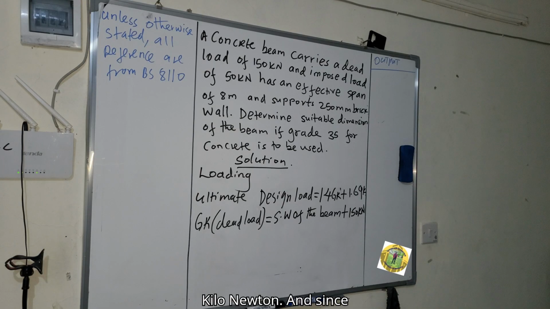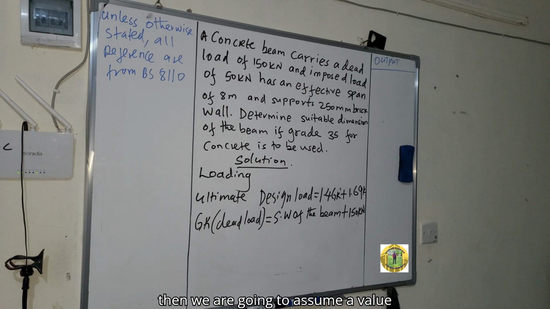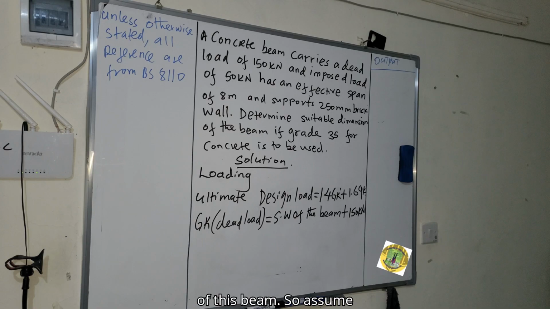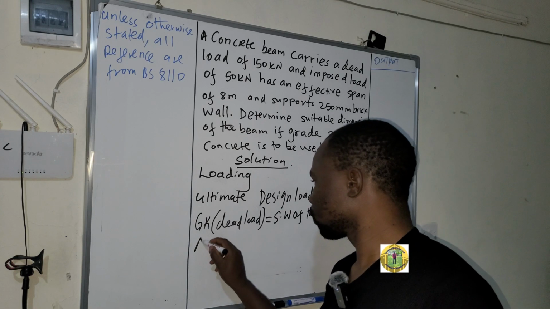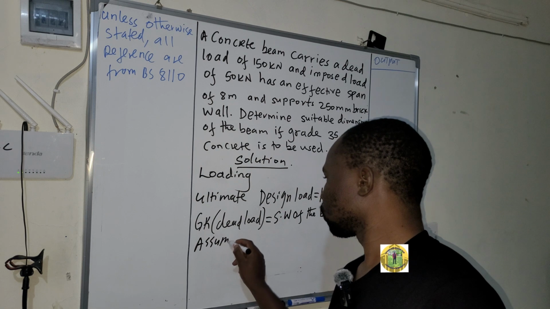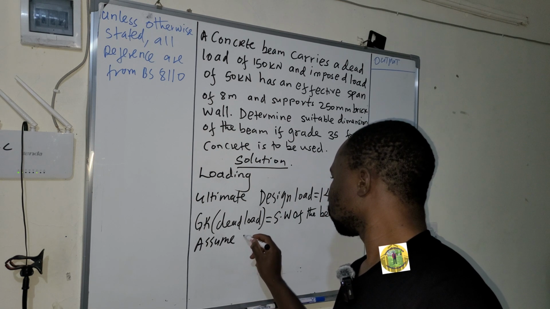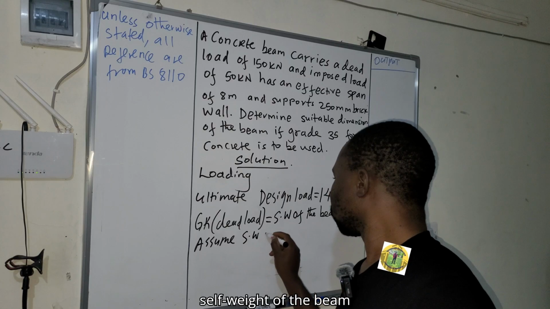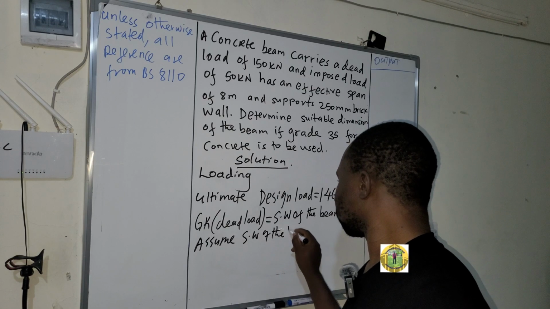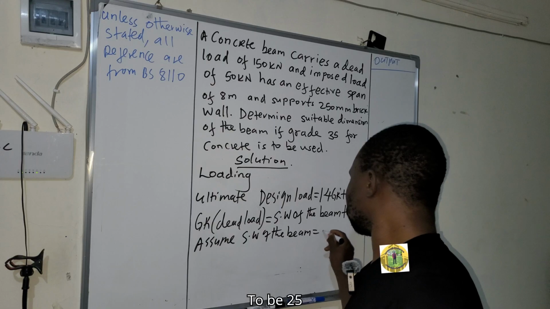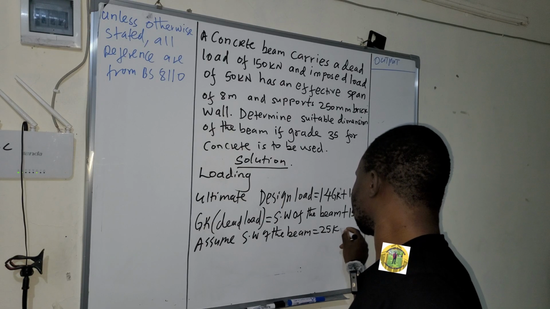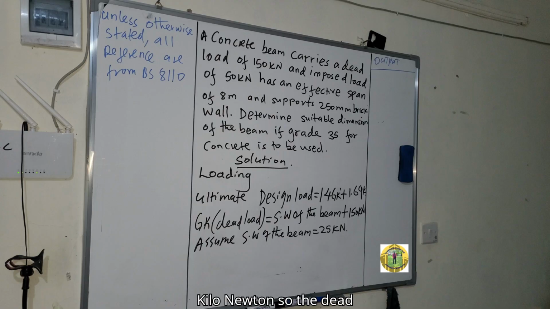And since you have not been given a value for the self weight of this beam, we are going to assume a reasonable value. So assume self weight of the beam to be 25 kilonewton.